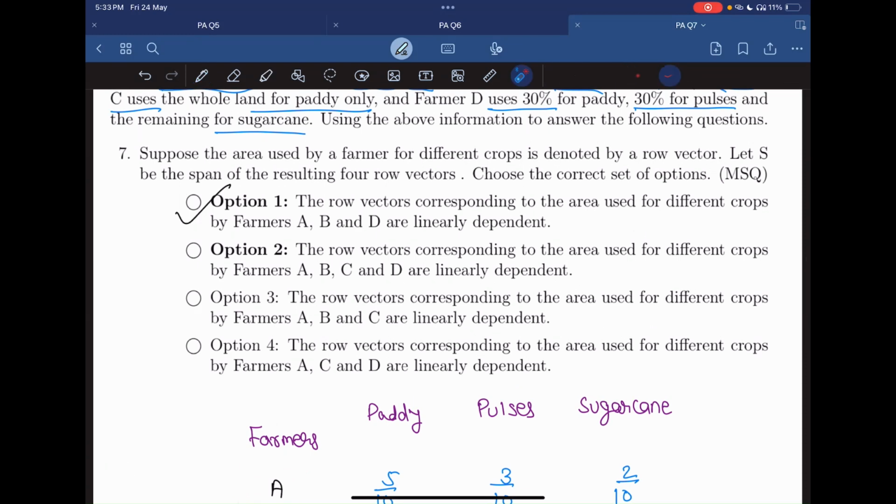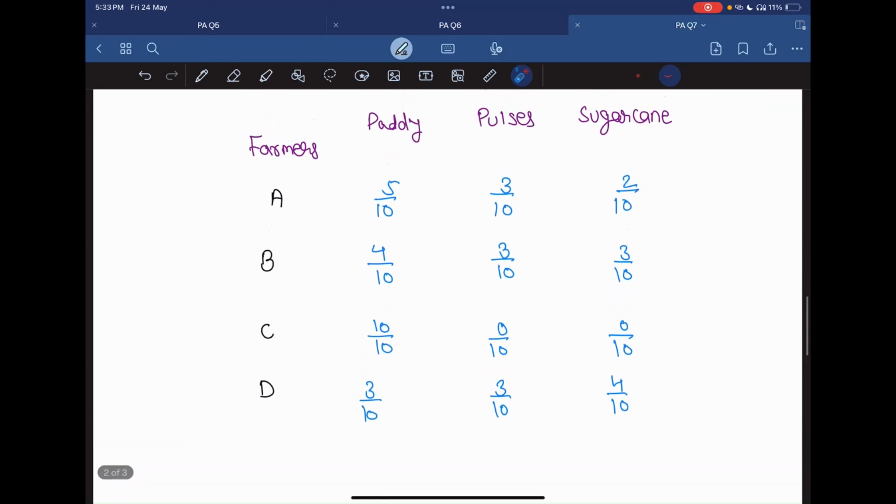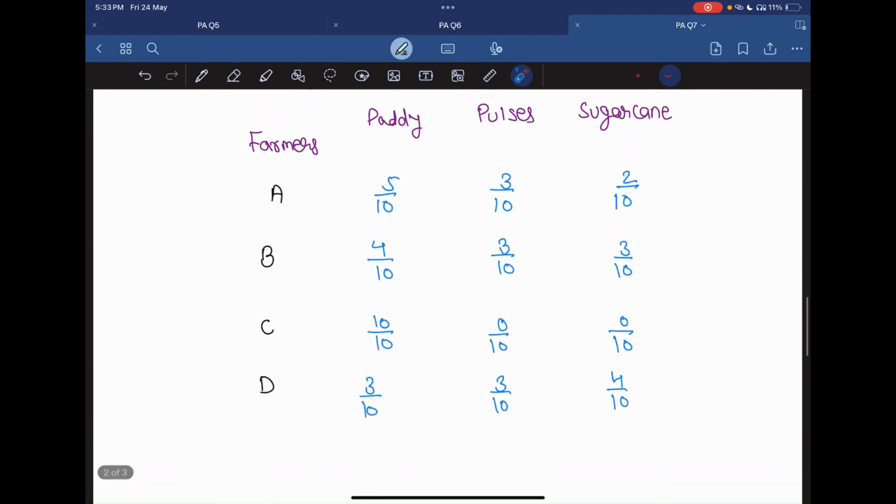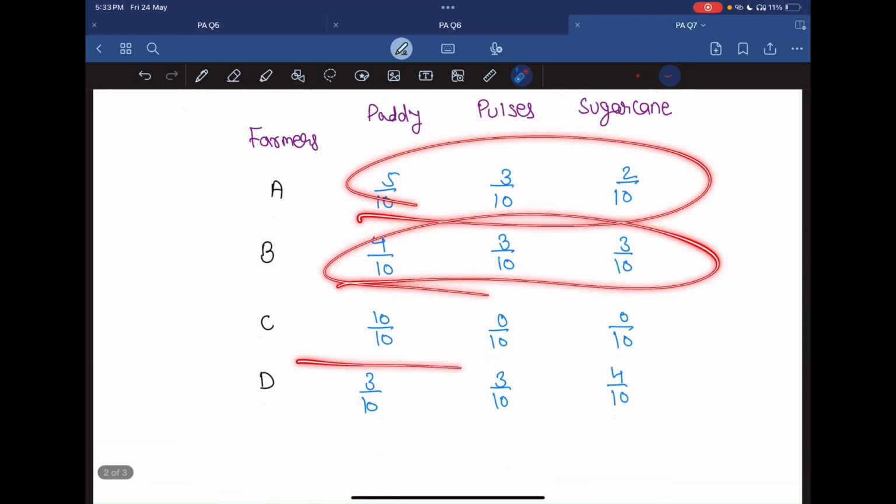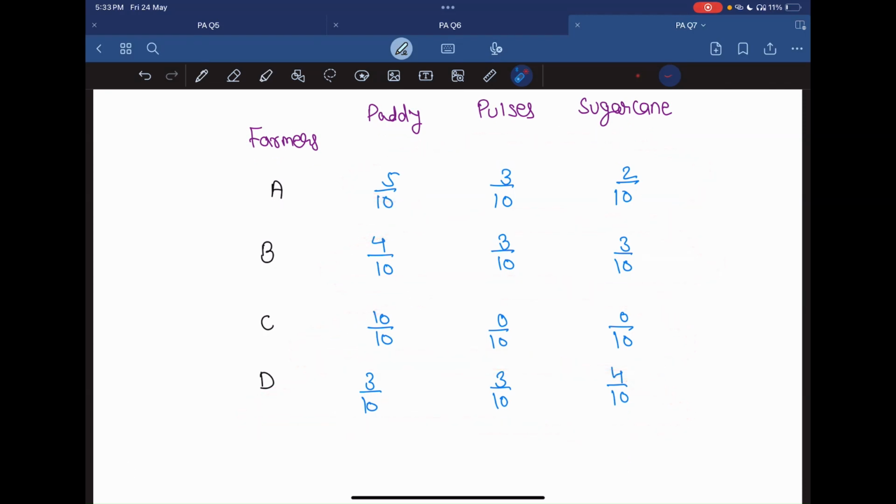Now option 2. The row vectors corresponding to the area used for different crops by farmer A, B, C, D are linearly dependent. One way to go is by the fact that all the vectors would be in R3 and as we have 4 vectors, they would always be linearly dependent.